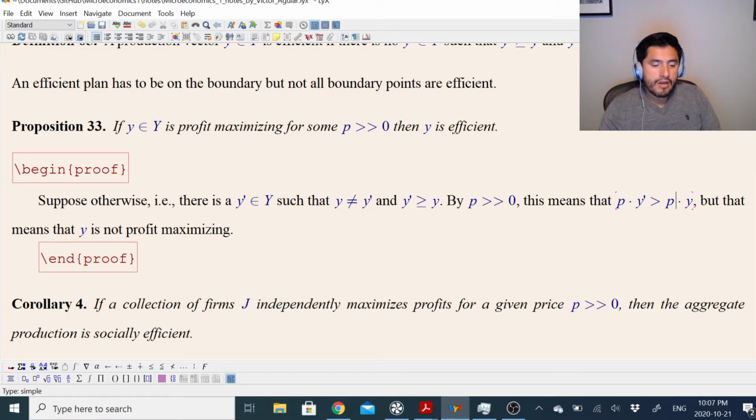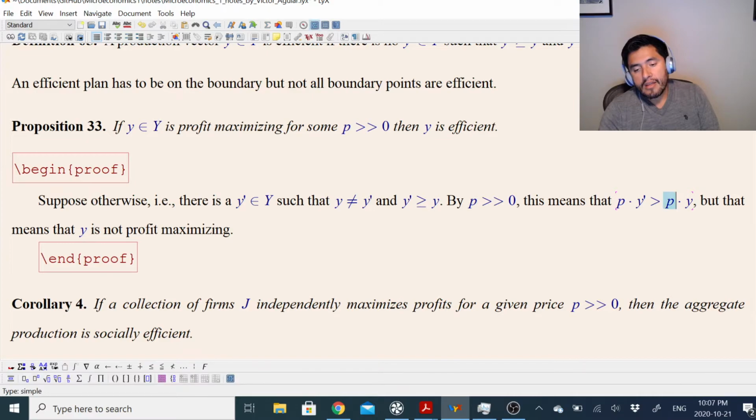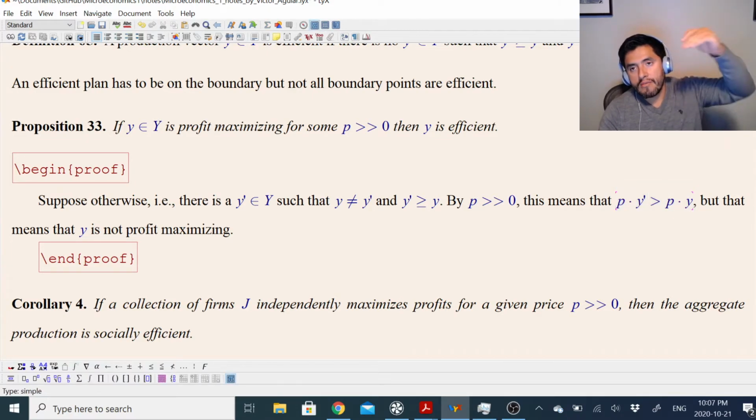But that means that y cannot be profit maximizing, because if it is profit maximizing, it cannot be below a point that is feasible and gives you a higher profit.